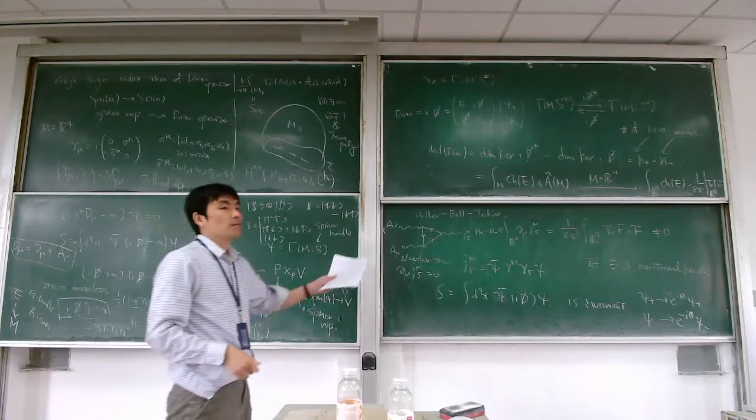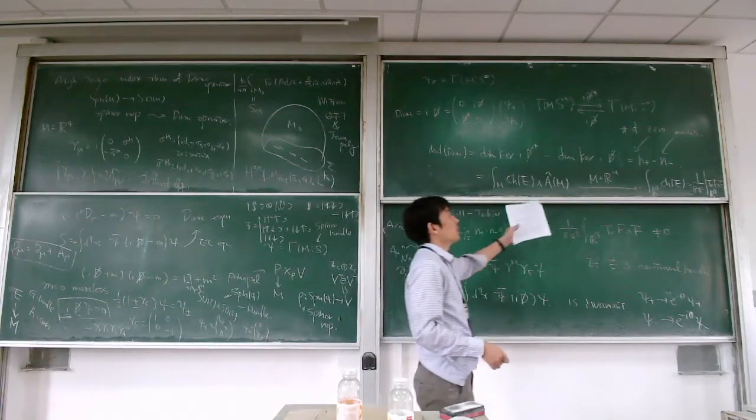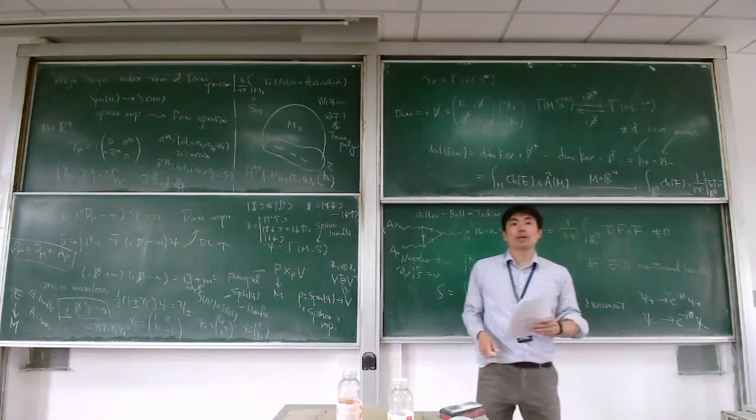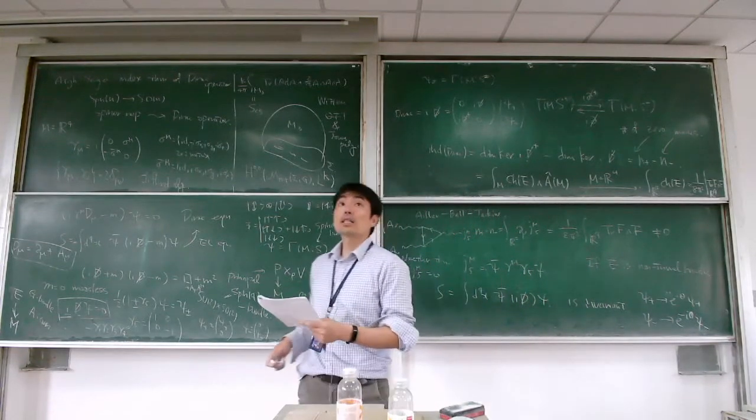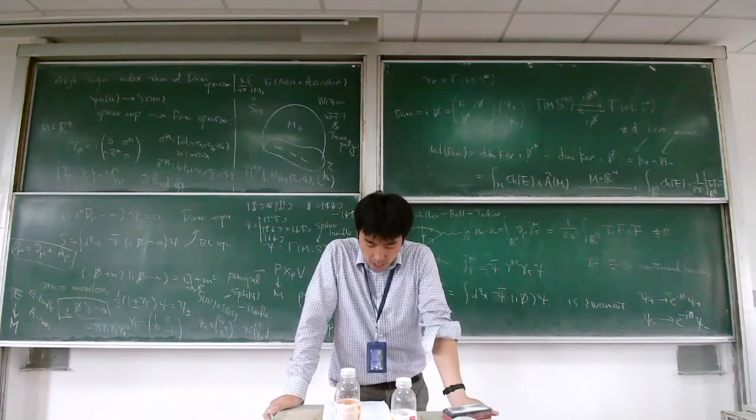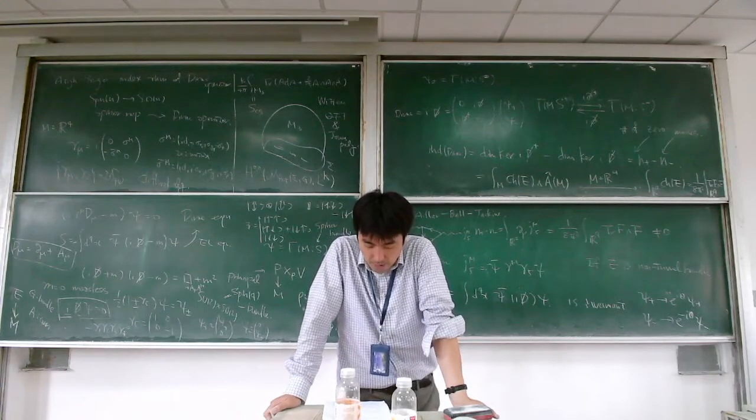They found it by computing the one-loop diagram, but this can indeed be computed by the index. That's the anomaly computed by the index theorem.